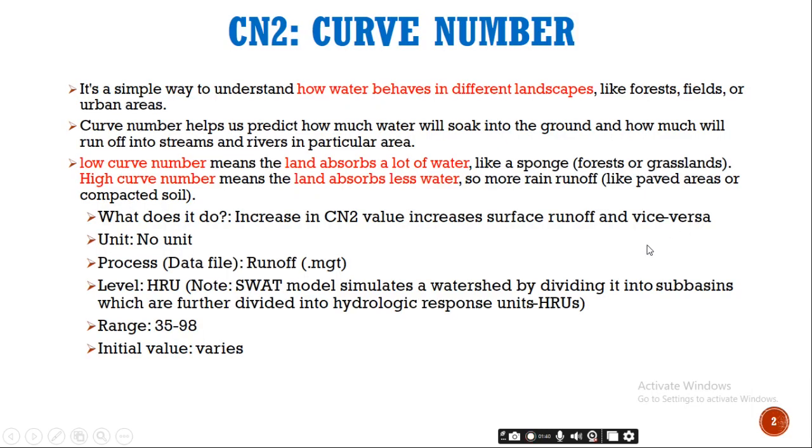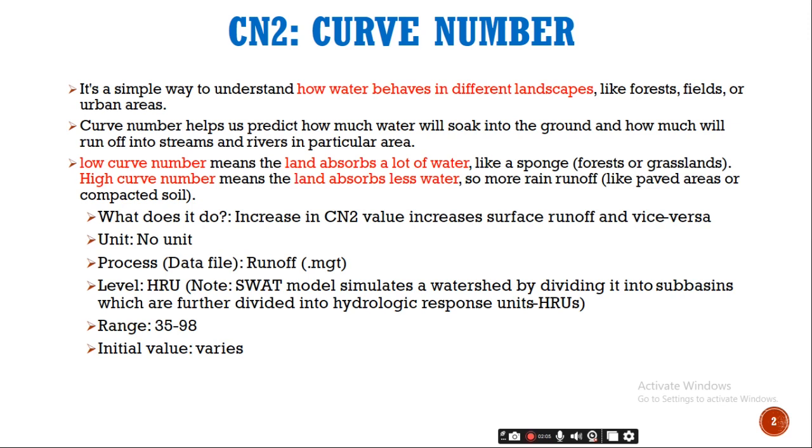First is curve number. What is curve number? Curve number is simple to understand: it represents how water behaves in different landscapes, and it helps us predict how much water will soak into the ground and how much will run off into the stream and river.